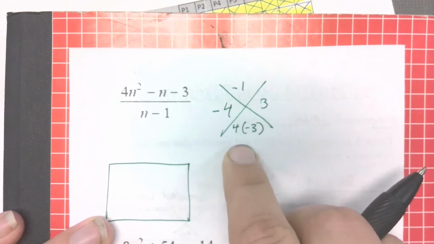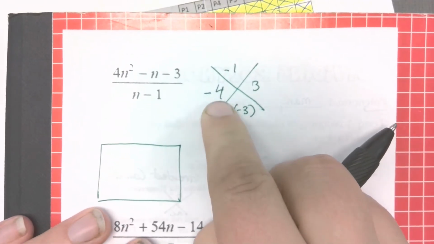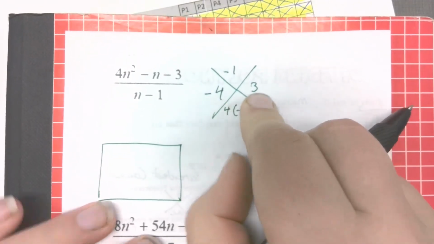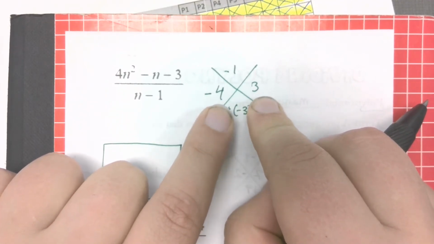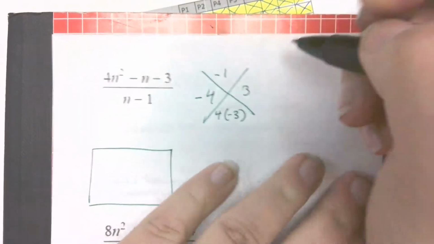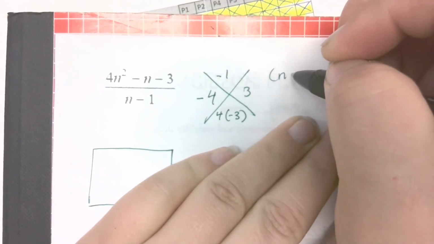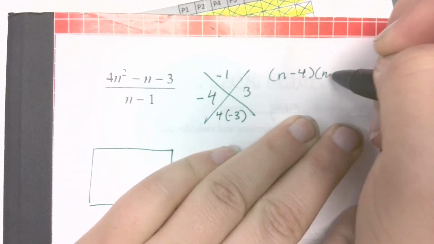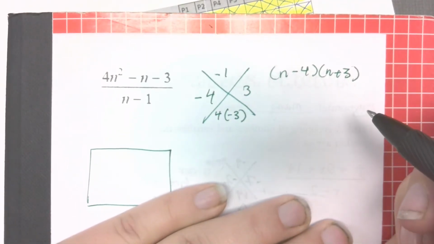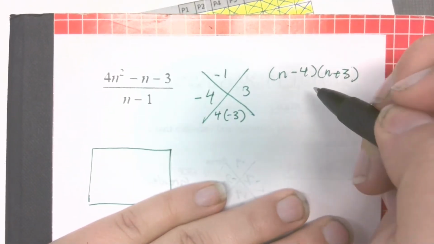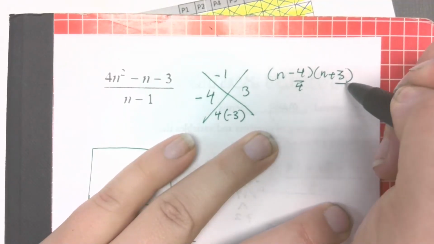Were you guys able to get to this step? Did you get the negative on the 4 and the positive on the 3? It matters which one's positive and negative. And then just remember to divide by the 4 because we multiplied by the 4.